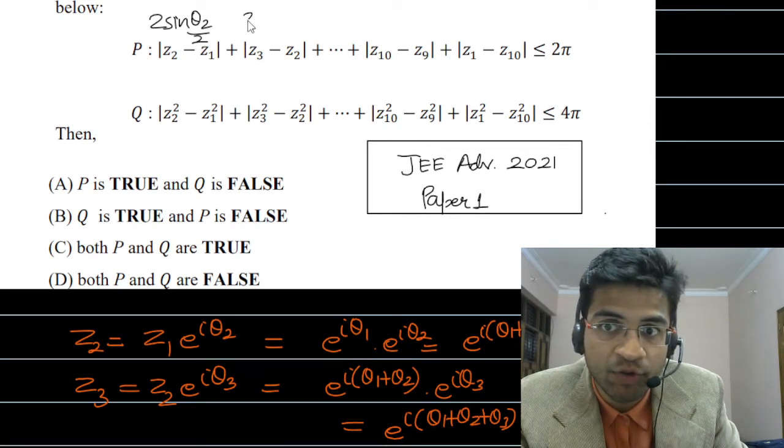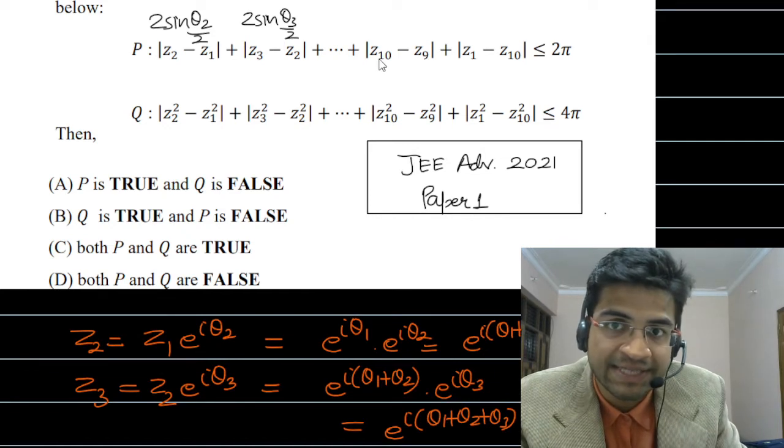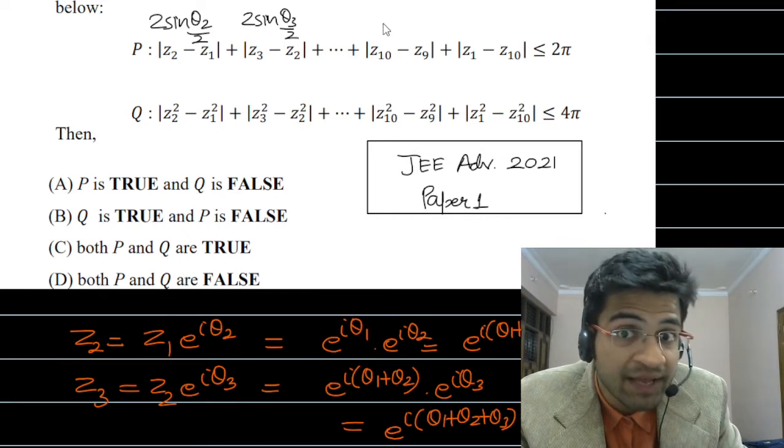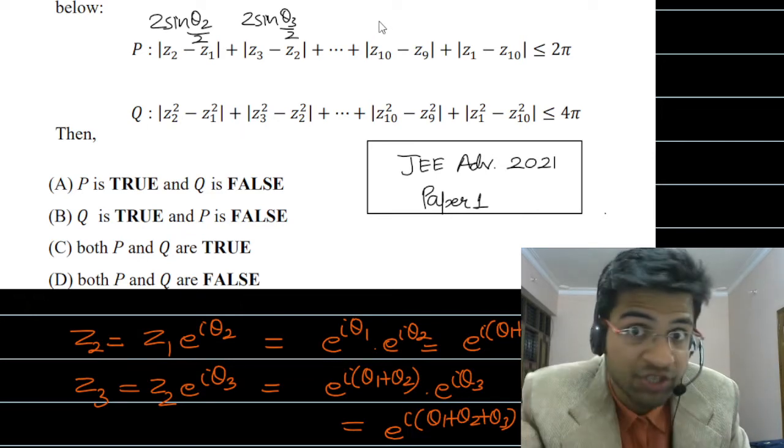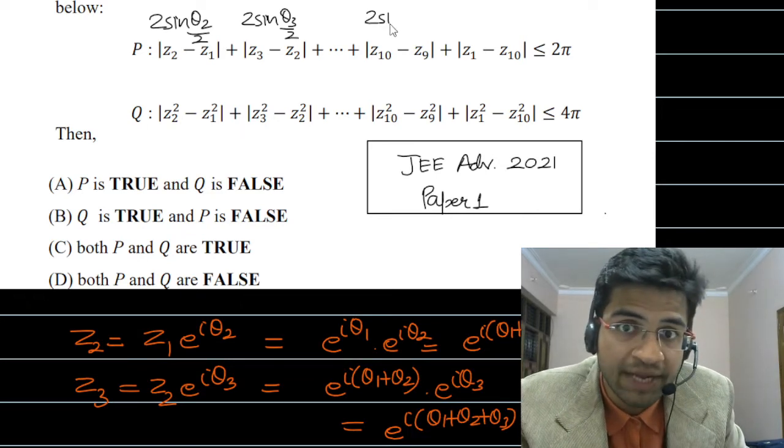Similarly, second term will be 2 sine theta 3 by 2. This Z10 minus Z9 mod will be, because this is consecutive, nothing else, 2 sine theta 10 by 2.